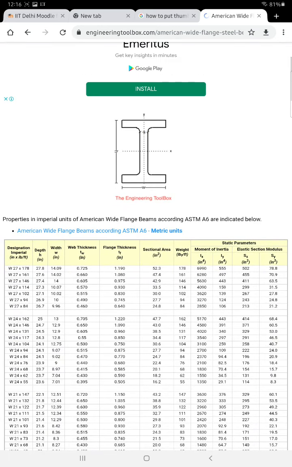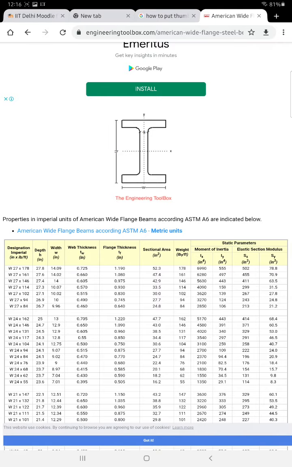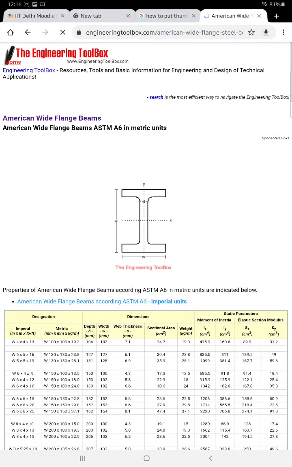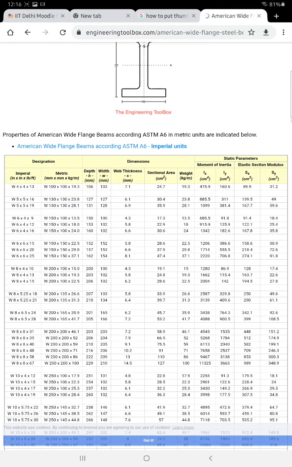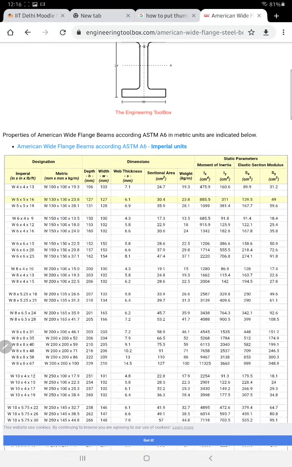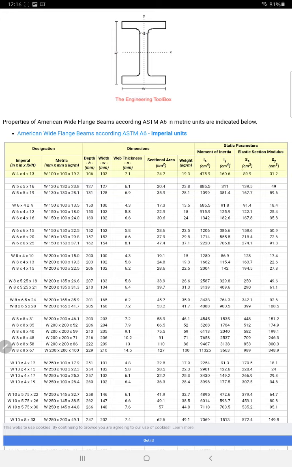If you want metric units, since our question is in metric units, we will convert to metric units. All the data is given: beam shape, depth, width, thickness, sectional area, weight. We look at the weight column, and Sx is also given. First we have to look for Sx greater than 500.